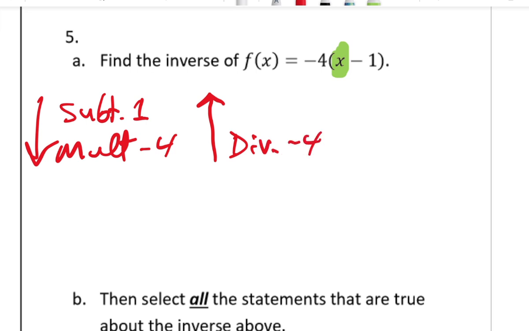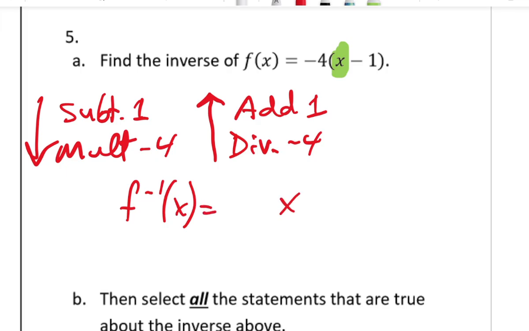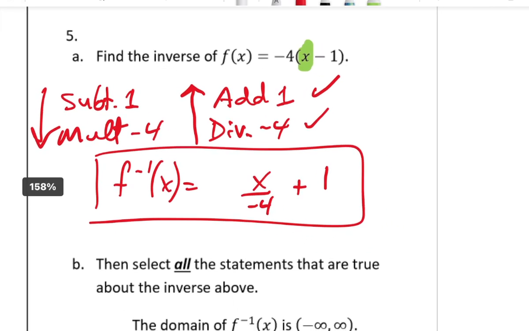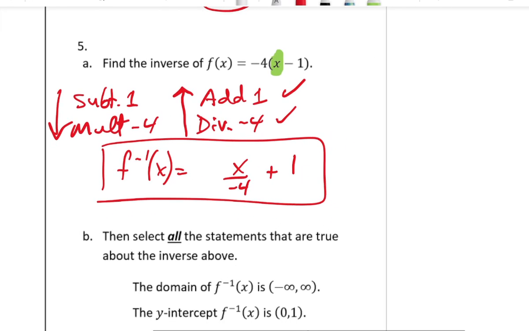The opposite of subtracting 1, adding 1. So what I would recommend you do is just write an x and then do these two operations to it. Divide it by negative 4 and then add 1 to it. And there's our inverse.